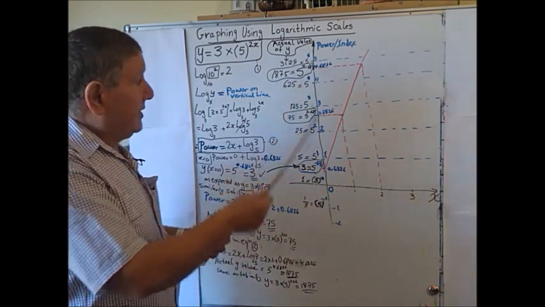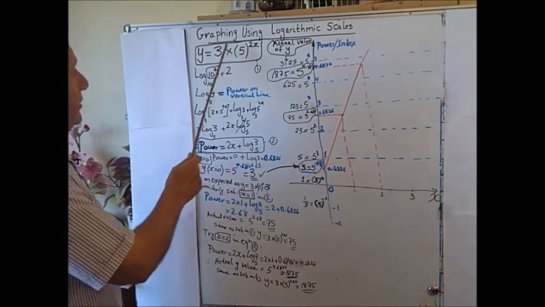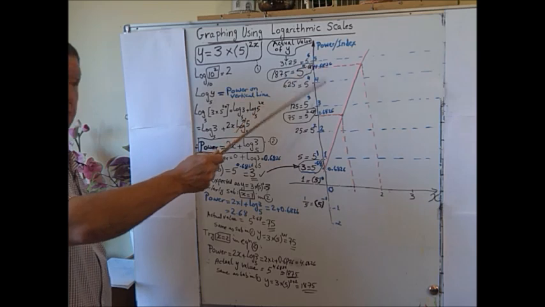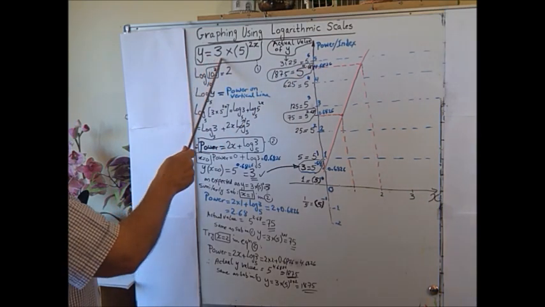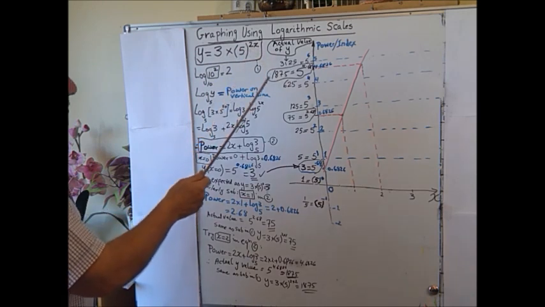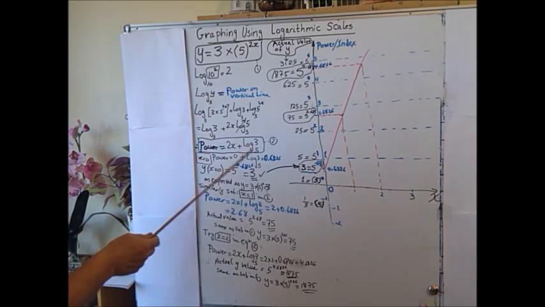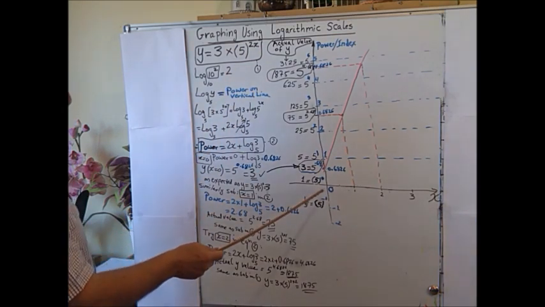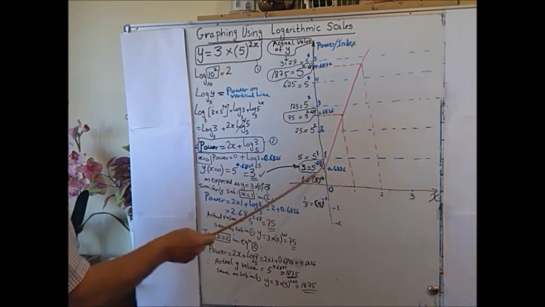Alright. So with this in mind, let's see how we're going to solve and plot this exponential function, y equals 3 times 5 to the power 2x. We need to find the powers. When x is 0 for this equation, where is the actual value here?